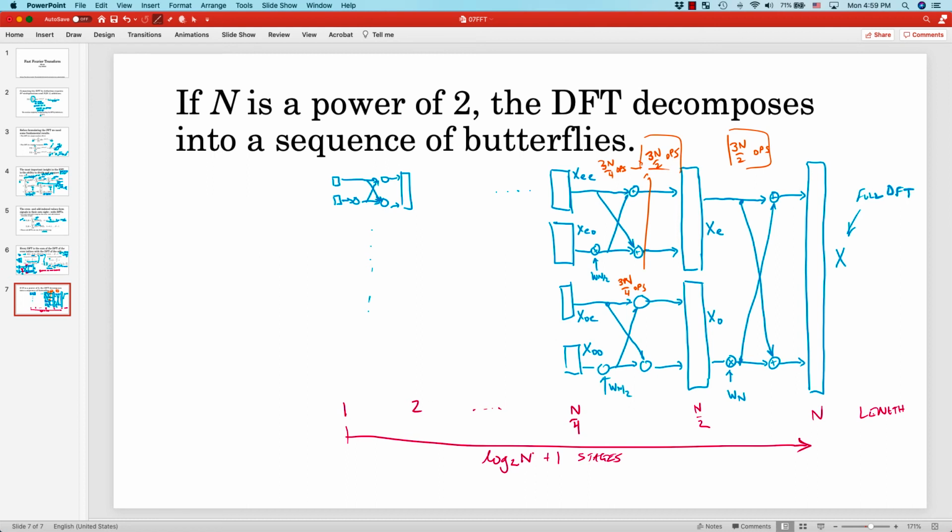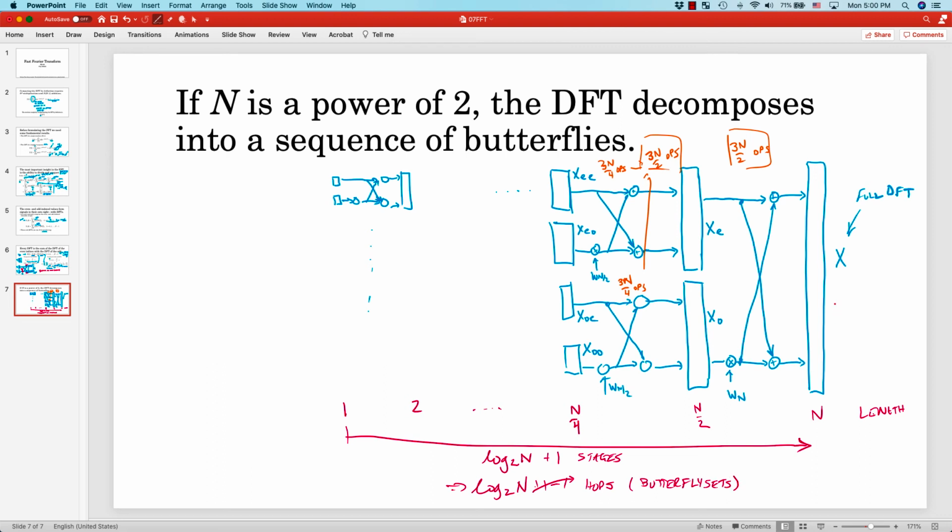Log 2 of 4 is 2, so I'd have 3 numbers. But we're not counting the stages, we're counting the hops between the stages. So we get log 2 n plus 1 minus 1, because there's 1 fewer hop than there are stages. Or butterfly sets, if you like.